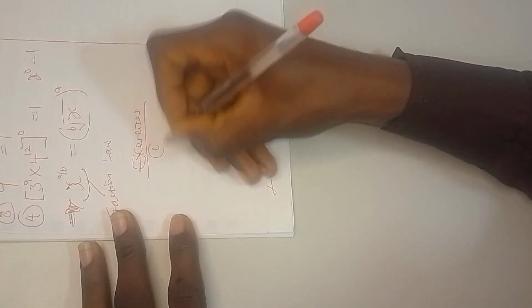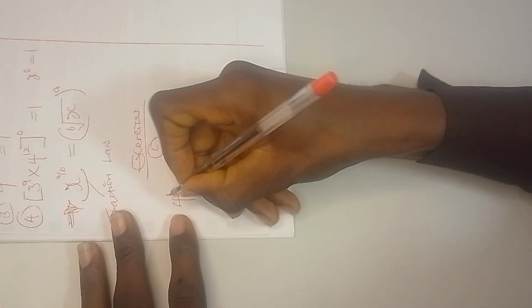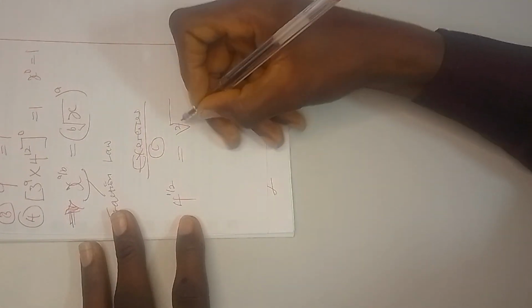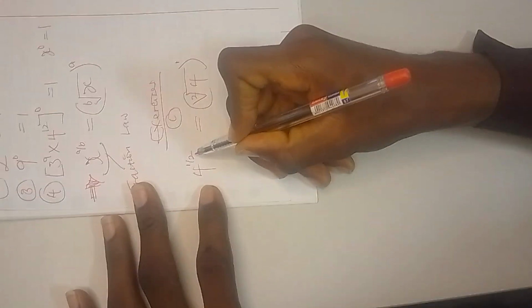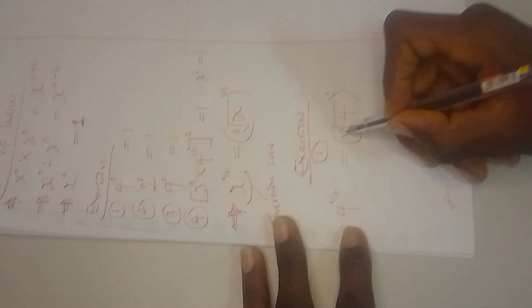Exercise 1. Suppose you have 4 raised to the power of 1 over 2. The answer would be the square root of 4, raised to the power of 1. Remember I told you that the denominator becomes the root, and here it is 2.